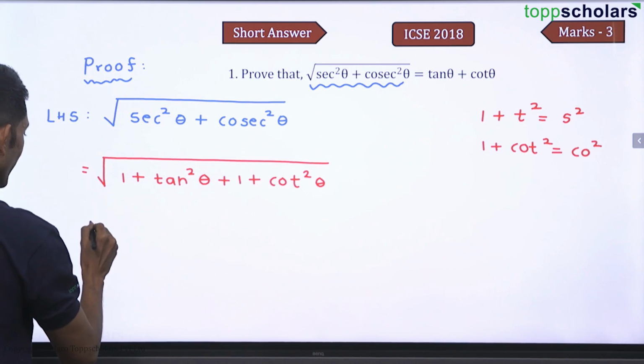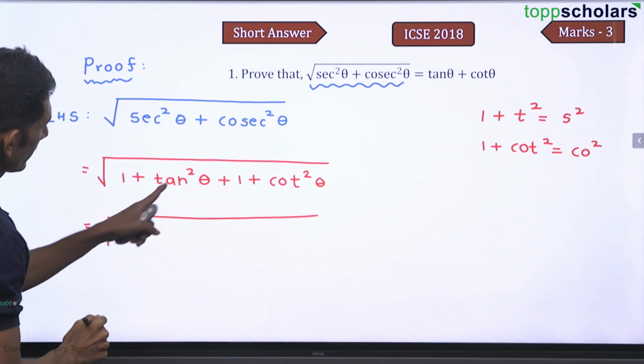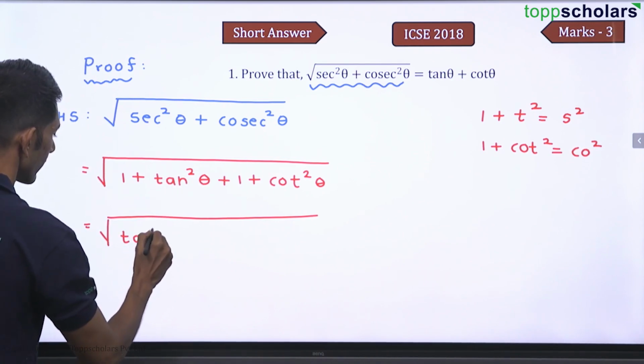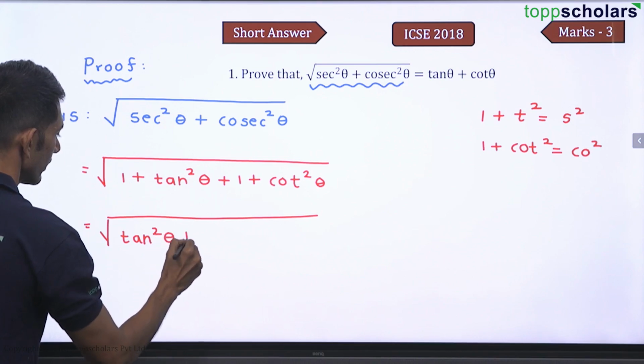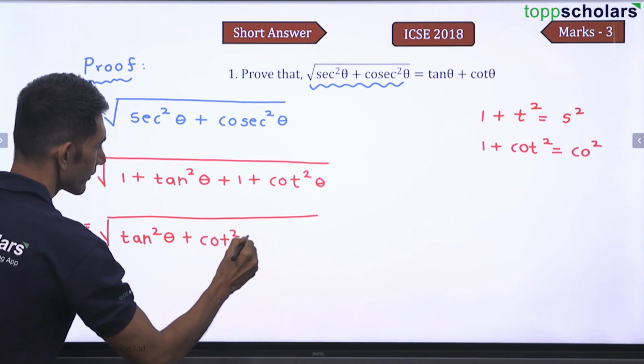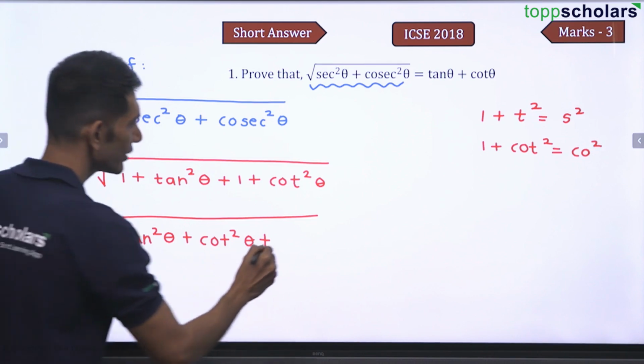Now understand. Now can I write it as under root, this is tan square theta plus this is cot square theta plus 1 plus 1. Can I write down 1 plus 1 as 2?